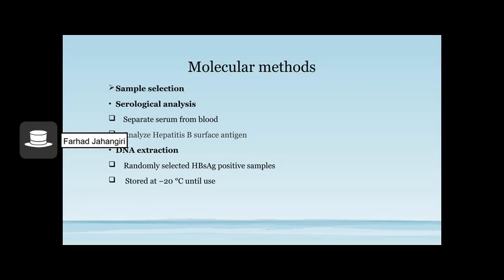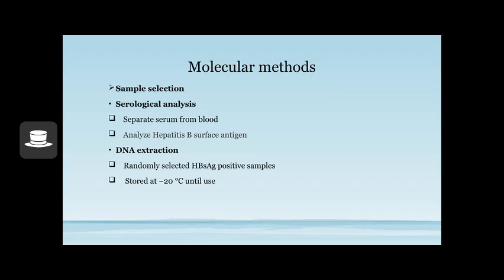Molecular methods. Sample selection. A total of 385 patients with jaundice-like illness were included in this study, and blood samples were collected from different medical college hospitals of Dhaka City. None of the patients were HBV vaccinated. Serological analysis.